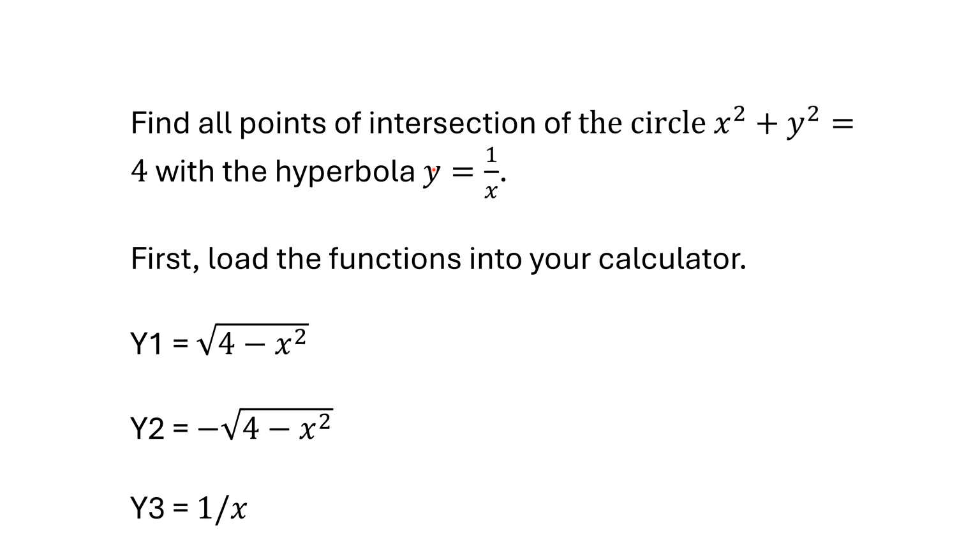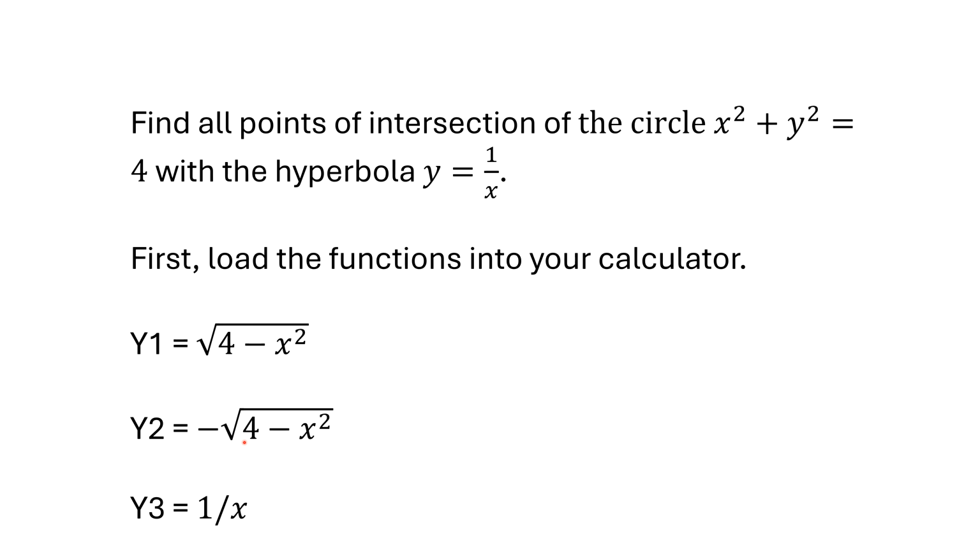So find all points of intersection of the circle x squared plus y squared equals 4 with the hyperbola y equals 1 over x. So first load the functions into your calculator. Y1 is the square root of 4 minus x squared.